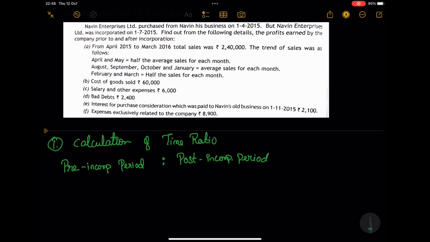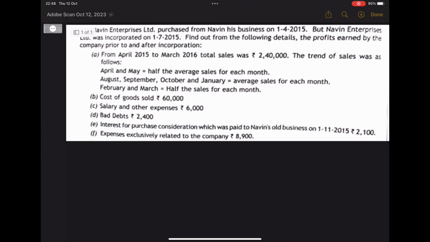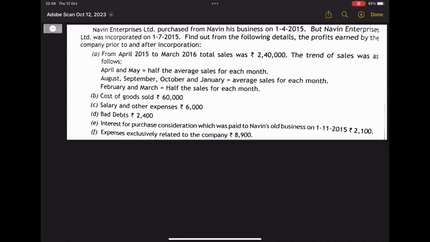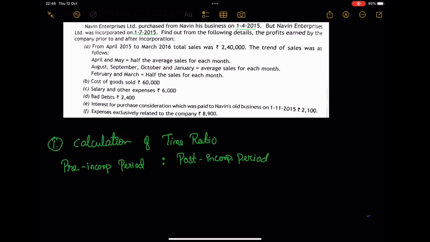So for the pre-incorporation period, in the question they have given us, see, business purchased on 1/4/15, incorporated on 1/7. So from 1/4/2015 they have given, so I'll take the same period. The financial year starts from 1/4, which means April, and ends at 31st March 2016, isn't it?